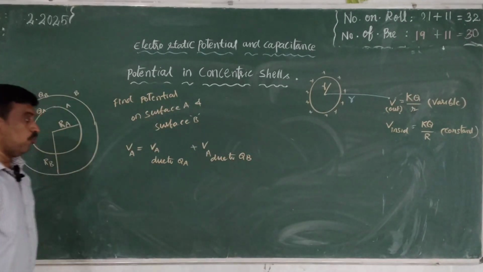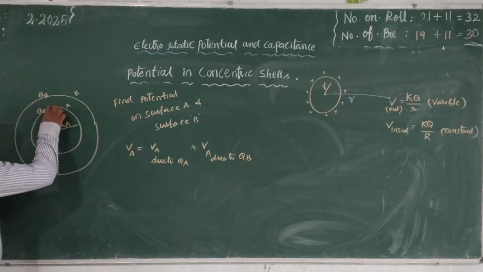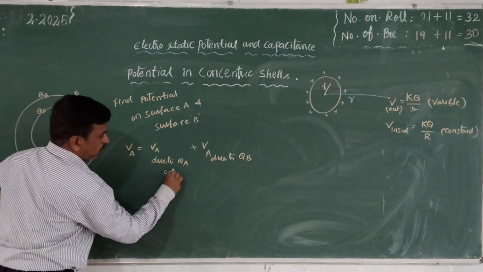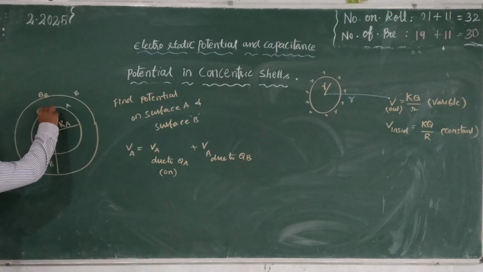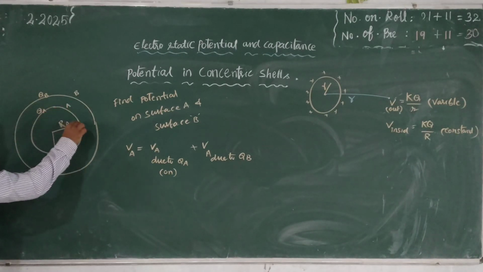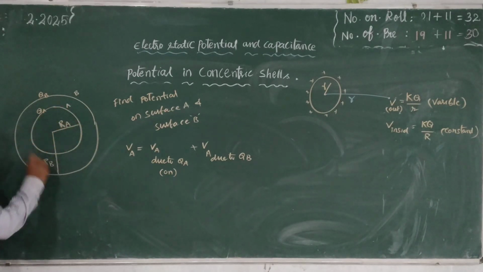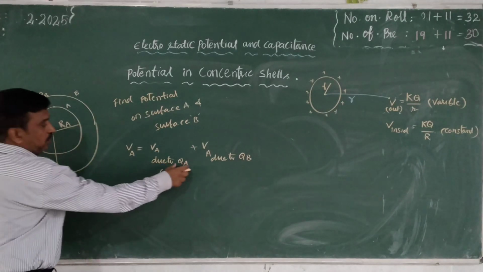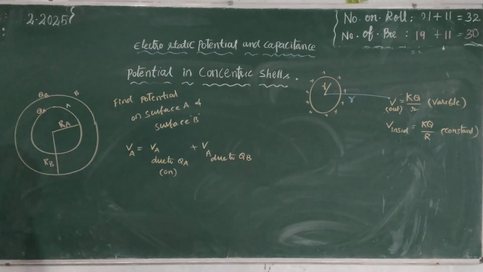Due to Qa, the point is on the surface. Any point on this surface, what is the potential? Due to A, it is on the surface.